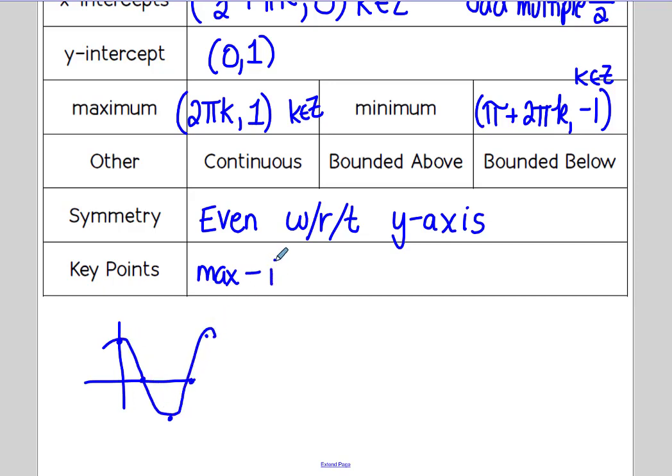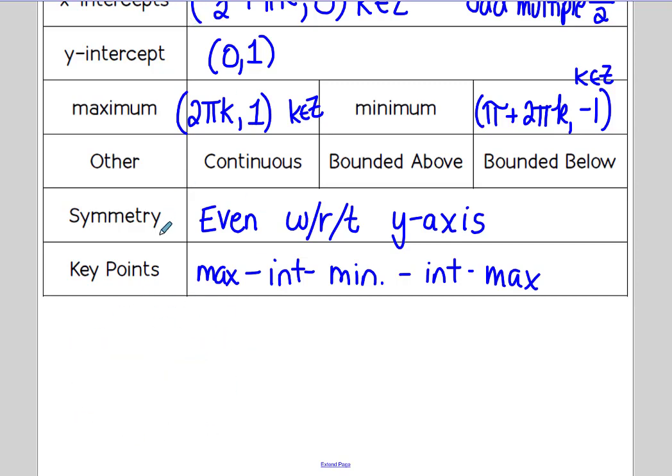So maximum, intercept, minimum, intercept, maximum. And those 5 key points on the first cycle, or the parent function, would occur at 0, 1, and then pi over 2 is the intercept.